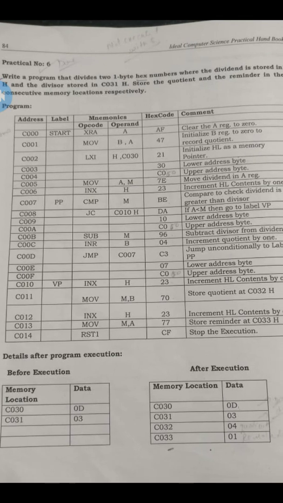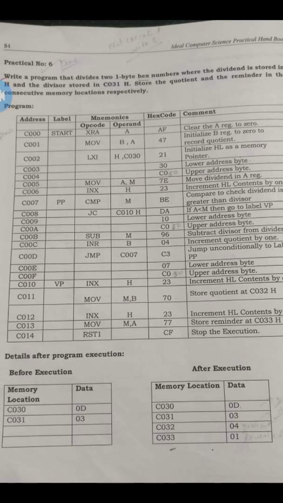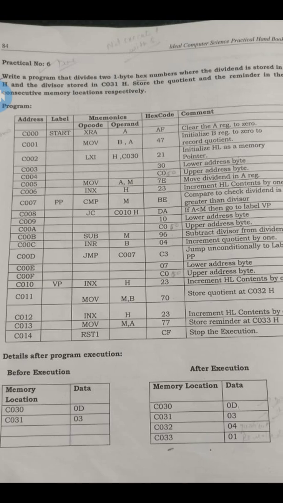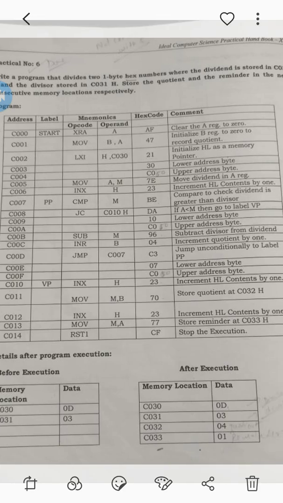So this is the program. Let's start from the very first location. I am starting this with the 6000 memory location. The first label is start and the first instruction is XRA. XRA instruction is exclusive OR with accumulator.